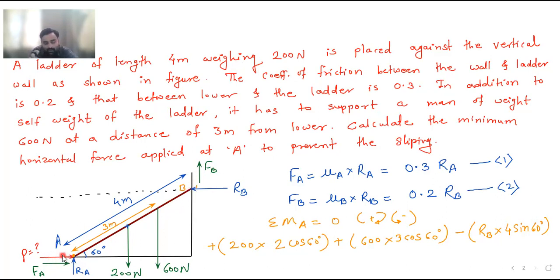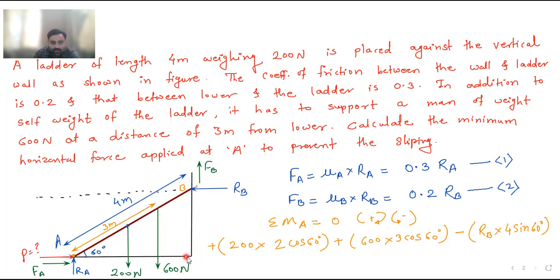It may be the problem of a block, it may be the problem of a sphere, or two blocks tied with a rope. Whatever type of problem it may be, you should always remember that frictional force is always acting on the surface. So for our understanding we have shown the forces like this, FA and FB, but it is actually on this surface. Now here you can see FB is acting over here. This is the line of action of FB, and our point is at this point.